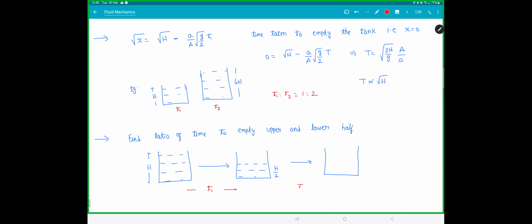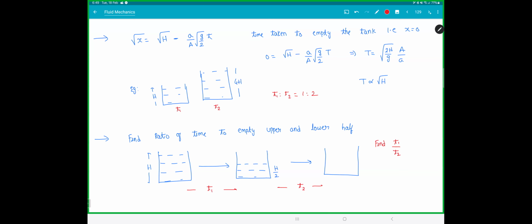From here to here, time is t2. So find t1 by t2. This will be a good question. Let's get this. Is the question clear, everyone?